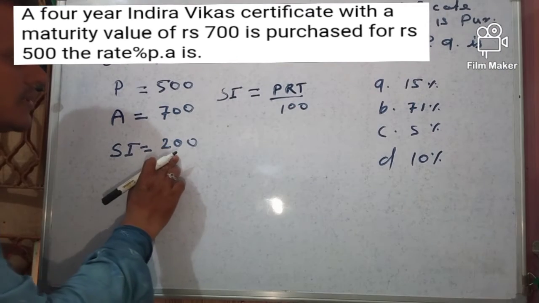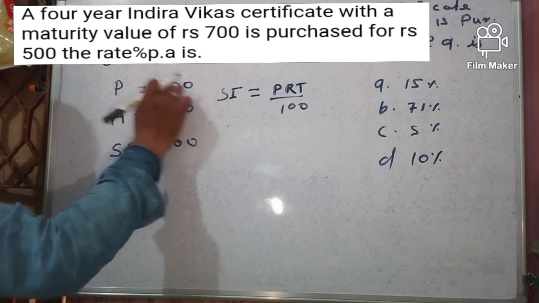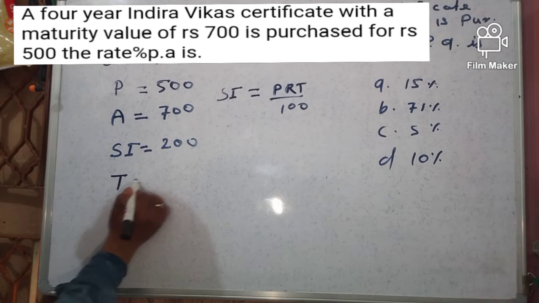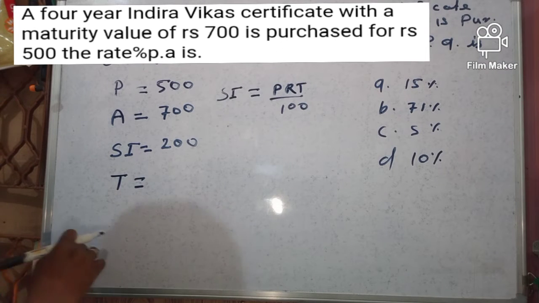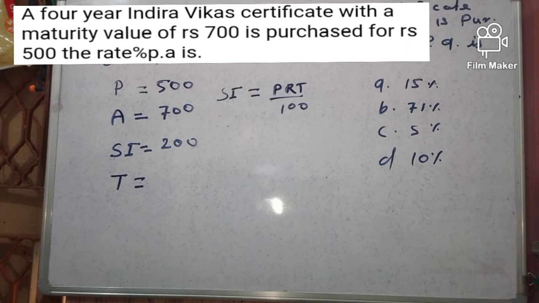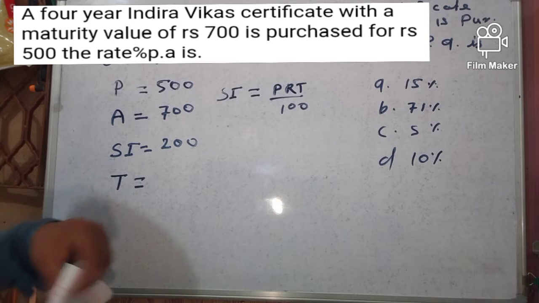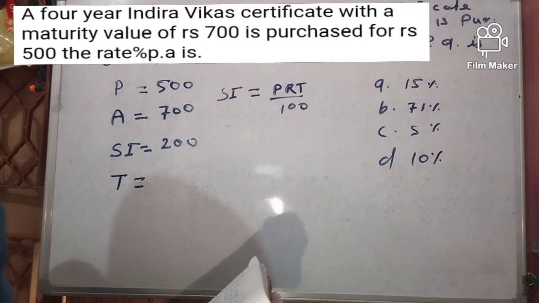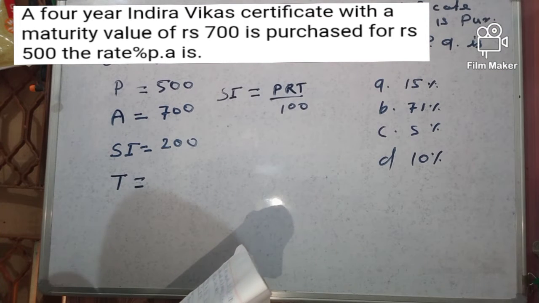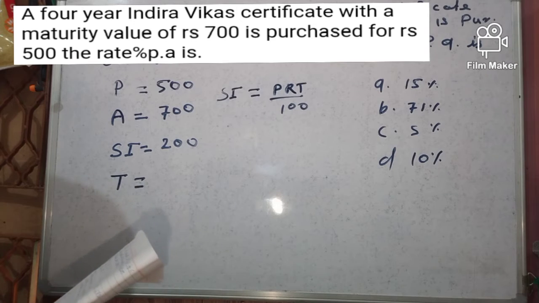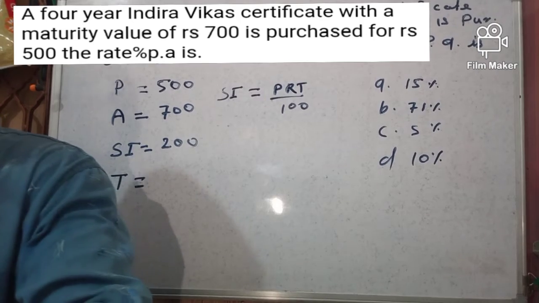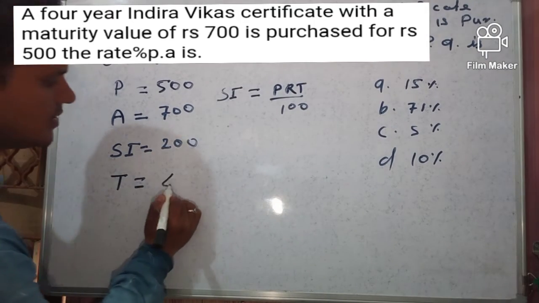Simple interest is 200, principal is 500, and the time duration is 4 years.